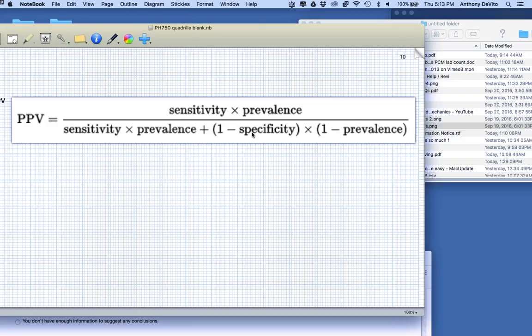Well, the specificity tells me the percentage of people that don't have the disease that test negative. So 1 minus the specificity will be the percentage of people that don't have the disease that test positive. So I'm going to multiply 1 minus the specificity times 1 minus the prevalence, and it's going to give me the percentage of people in this population that are false positives. So I combine that with the true positives, and I got my equation here.